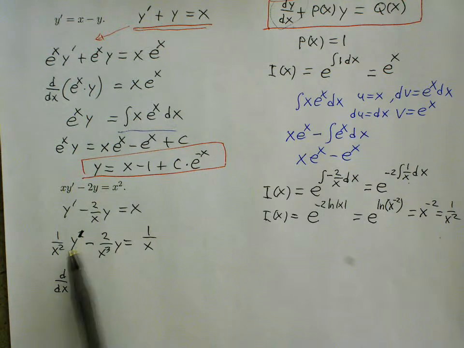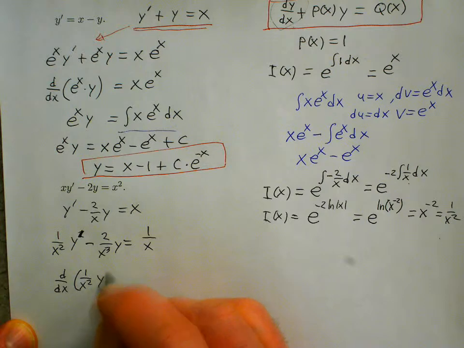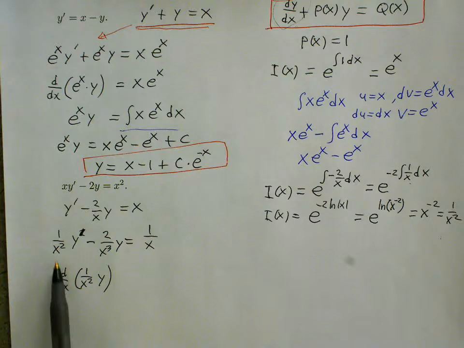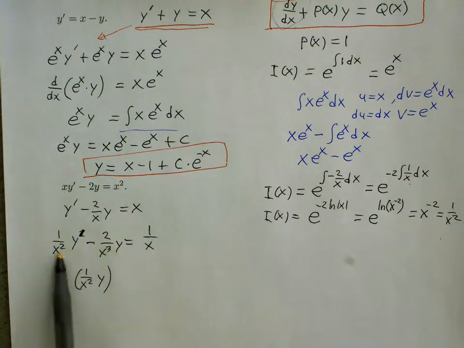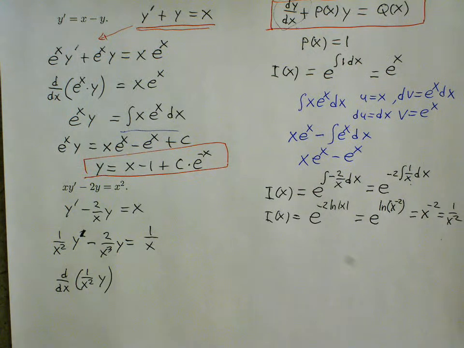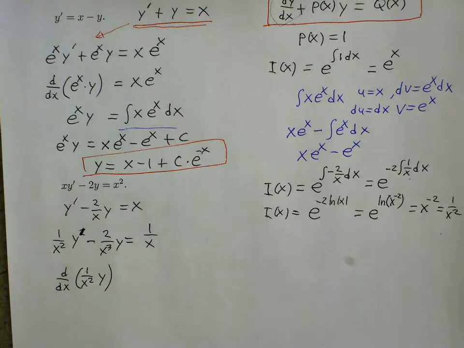We've taken the derivative of y. So by the product rule, if we take the derivative of 1 over x squared times y, we'll get 1 over x squared times y prime minus 2 over x to the third times y. You can verify that. So maybe we can do that if you're skeptical.